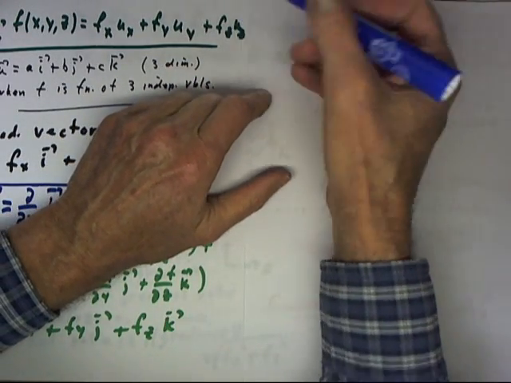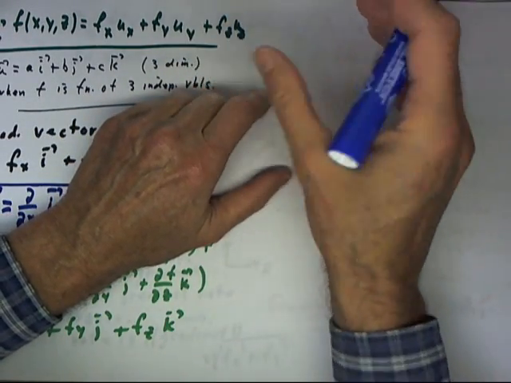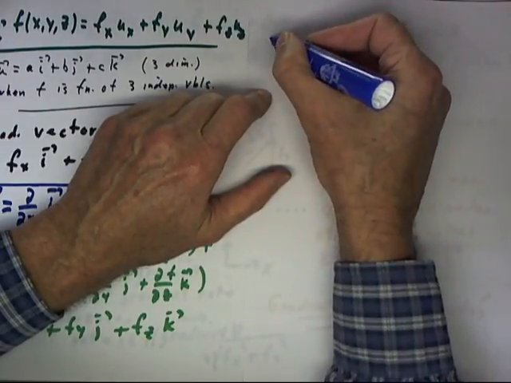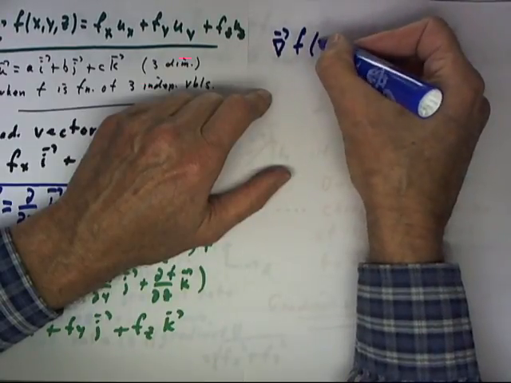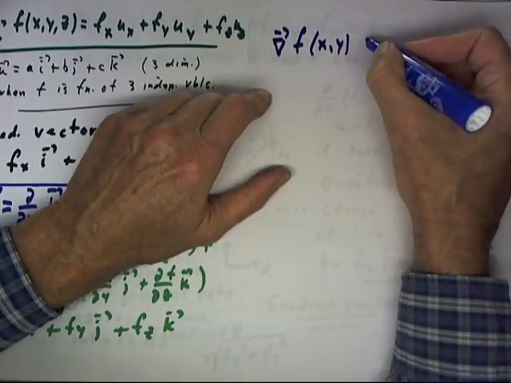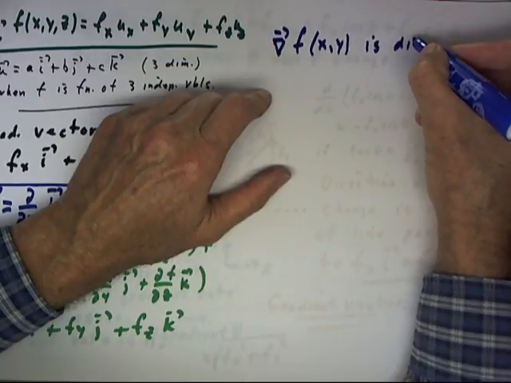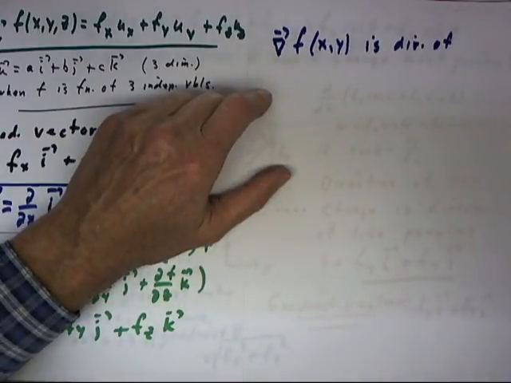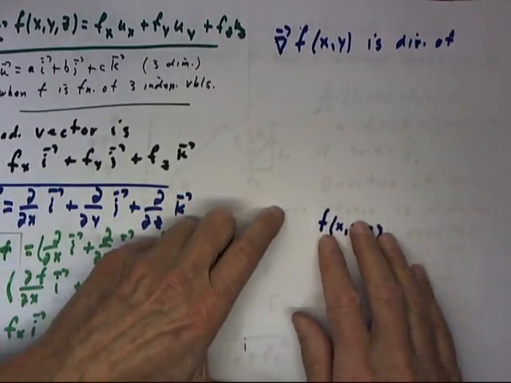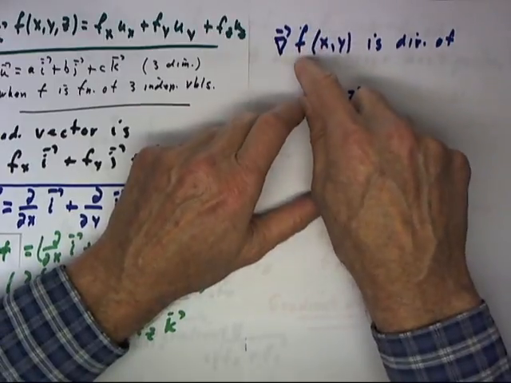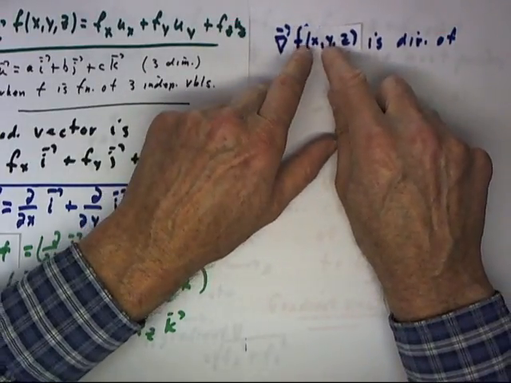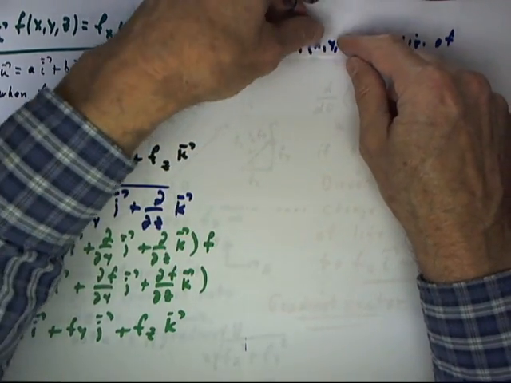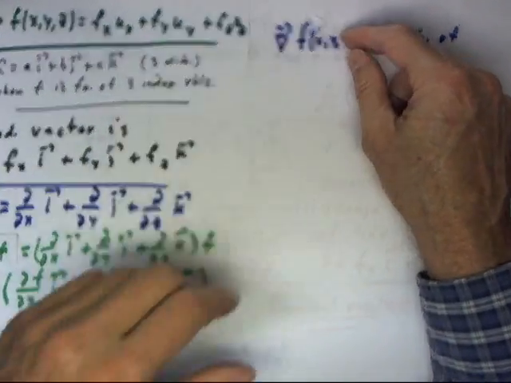It's not difficult to show that the gradient has the properties that del f evaluated at point xy is the direction of, let me back up, I have a correction to make here. I, without thinking, wrote del f of xy, and right now I'm trying to talk about del f of xyz.